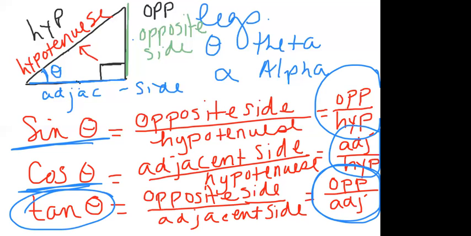Now, one of the things you guys learn in geometry is this. You learn about a mnemonic device, which you can use to help you remember the trig identities, the trig functions.